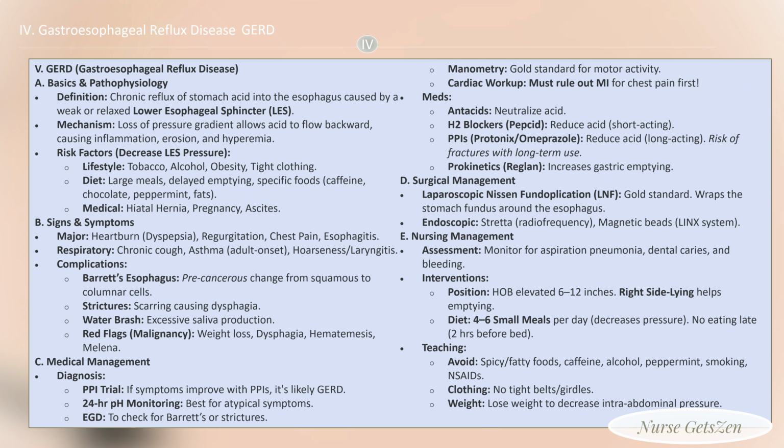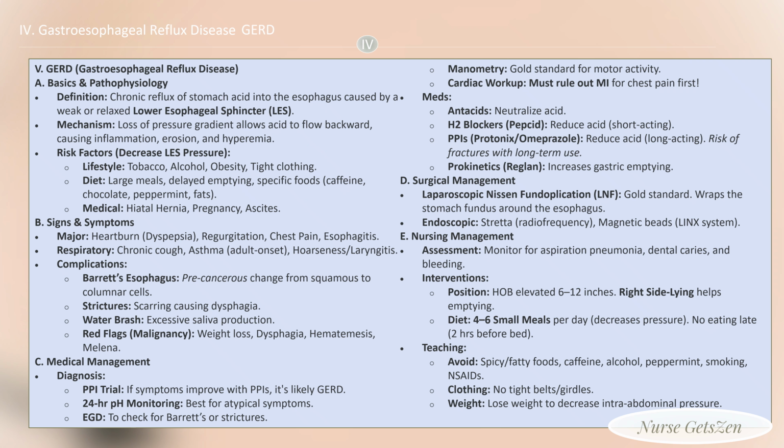Magnetic sphincter augmentation implants magnetic beads to prevent reflux. Surgical management: the gold standard is laparoscopic Nissen fundoplication, which is reserved for patients who do not respond to medical treatment or who have complications.